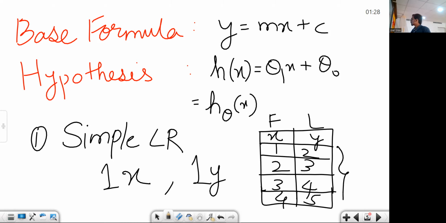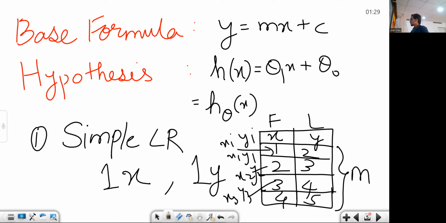Consider that the number of training examples is m, and each pair is represented as xi, yi. That means this is x1, y1, this is x2, y2, this is x3, y3, and this is x4, y4. In short, xi, yi. So please remember these terminologies.